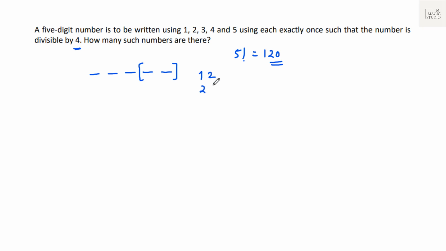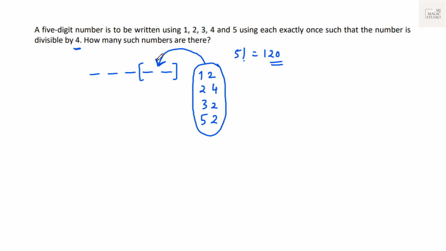With 2, 21, 23, 24, 25 out. With 3 is 32. With 4 is 41, 42, 45, nothing. With 5 is 52. So with these 5 digits, we have got only 4 combinations, which can be put into these 2 places.